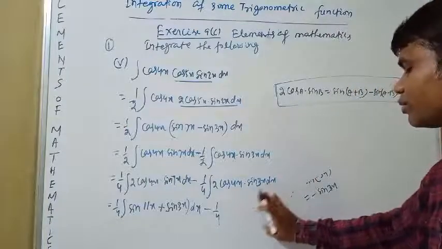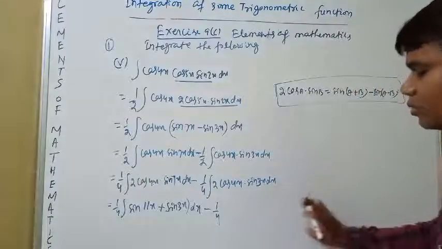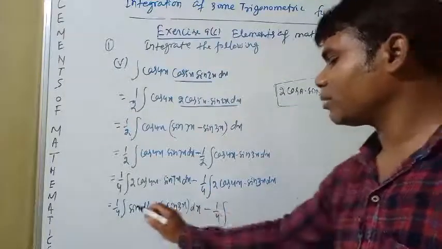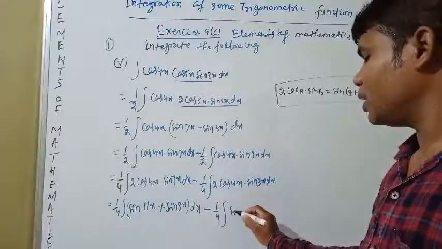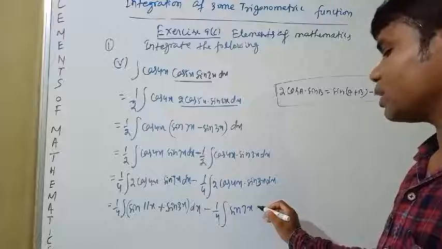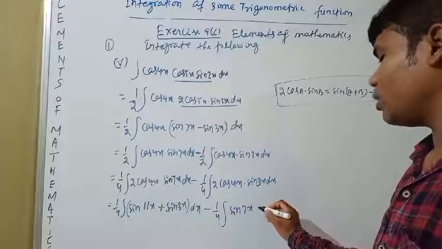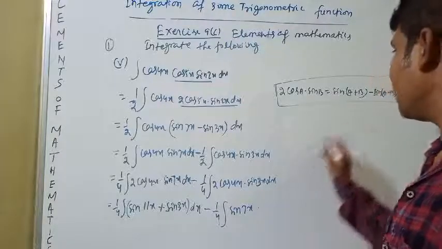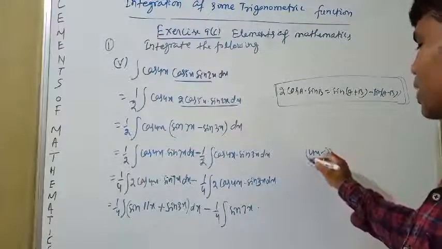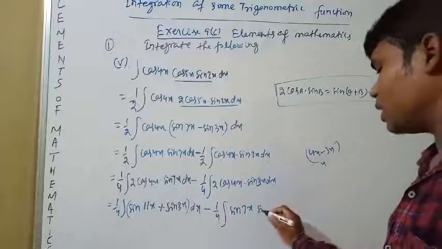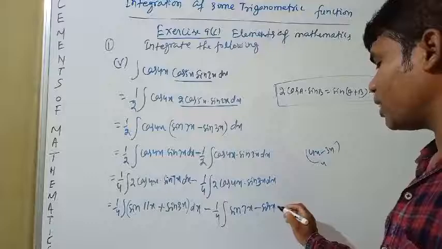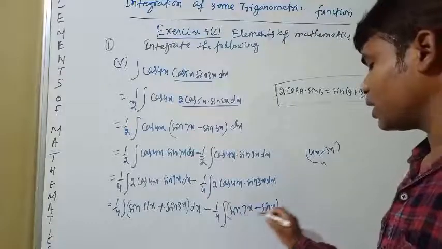Here also you can get integration of sin(4x plus 3x), 7x, then minus sin(A minus B), that is 4x minus 3x, how much? x, that is minus sin x, dx.